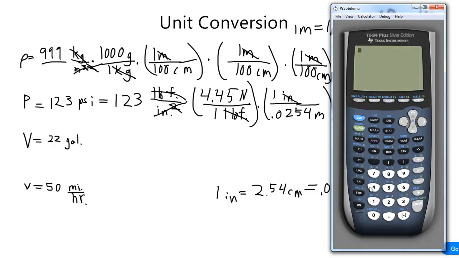So now if you do 123, now we have to times it by 4.45 and then divide it by 0.0254 squared. So in the end we get this kind of ginormous answer.